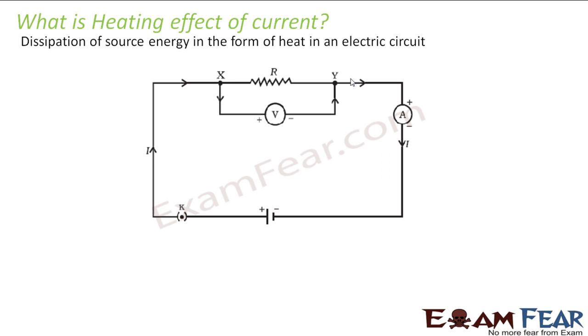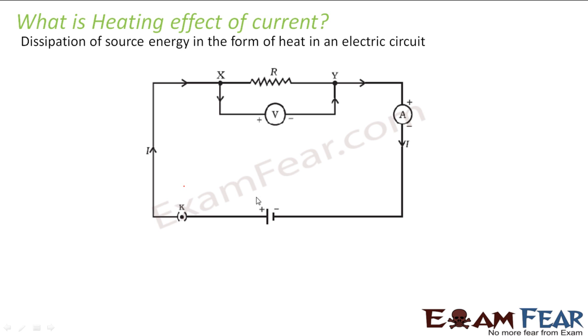So what do we mean by heating effect of current? It means dissipation of source energy in the form of heat in an electric circuit. As I mentioned before, in any electric circuit, there is a source of energy. For example, in this electric circuit, you have this battery. This battery acts as the source of the potential difference, right?